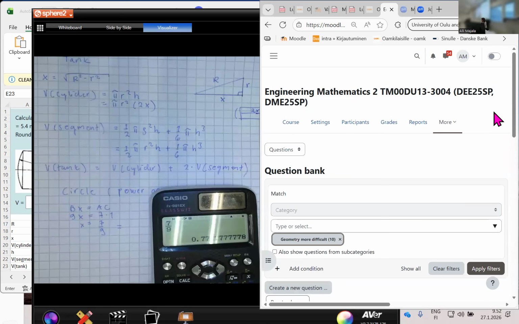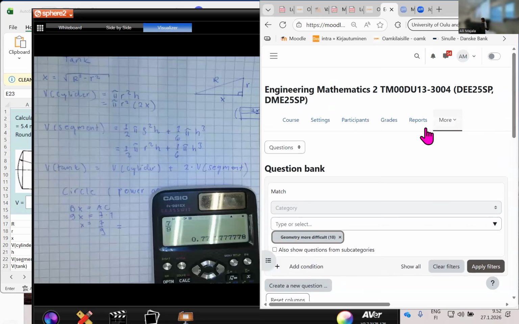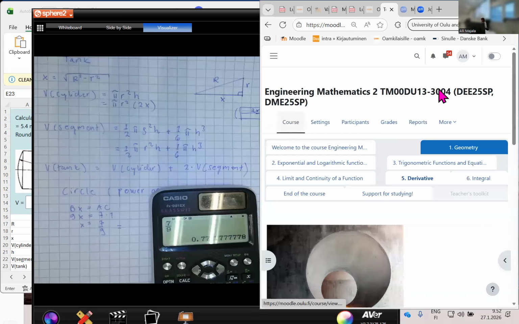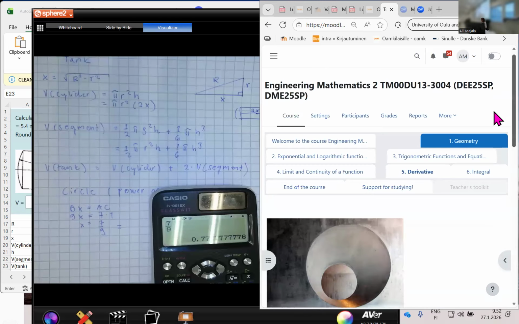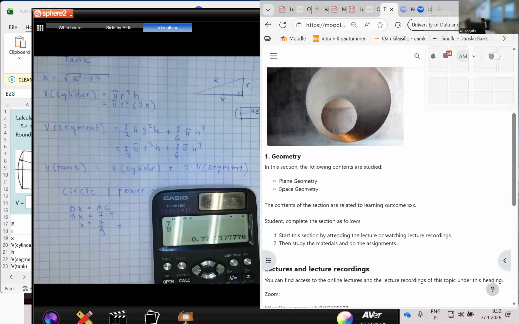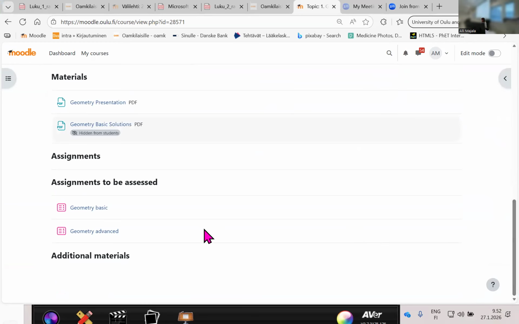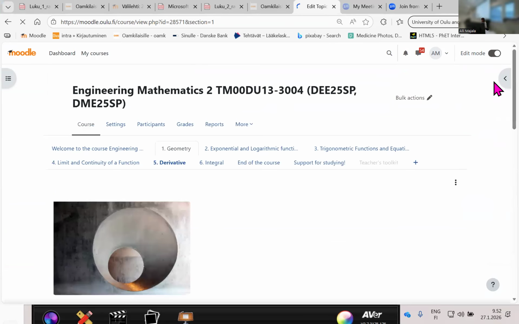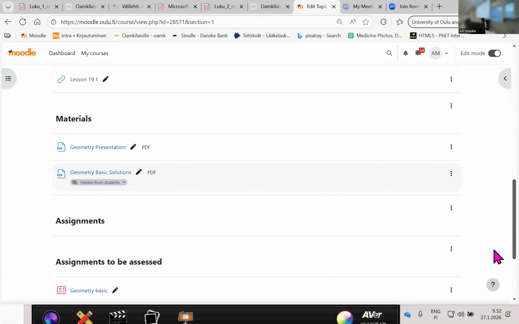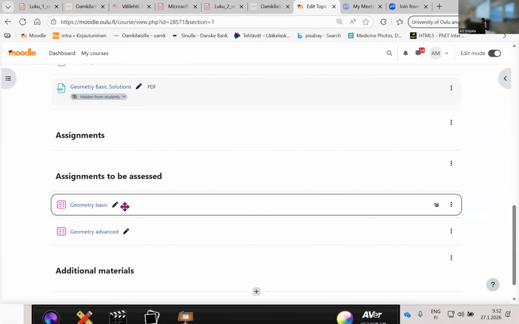So it looks like there is something with these quizzes now. Okay. How to fix that? So there's some different kind of setting.